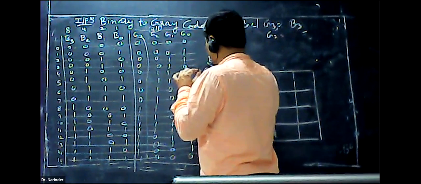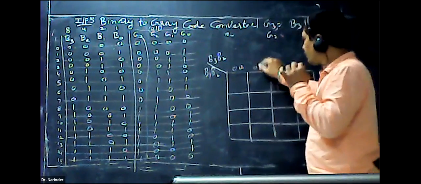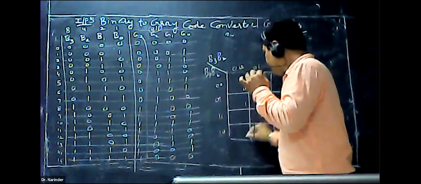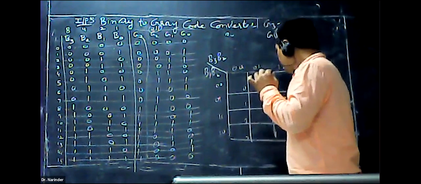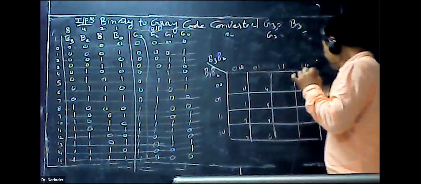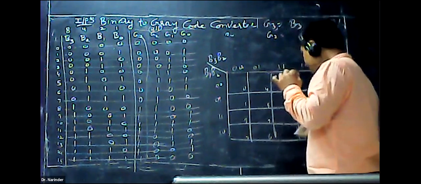Vertically you have to write B1, B0: 0, 0, 0, 1, 1, 1, 1, 0. Number the cells 0, 1, 2, 3, 4, 5, 6, 7, 8, 9, 10, 11, 12, 13, 14, 15.